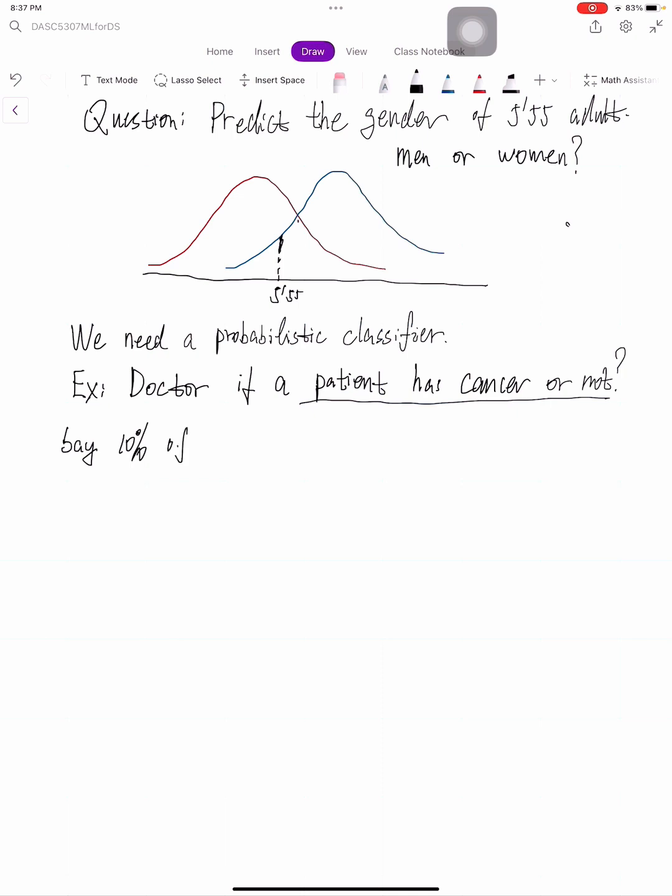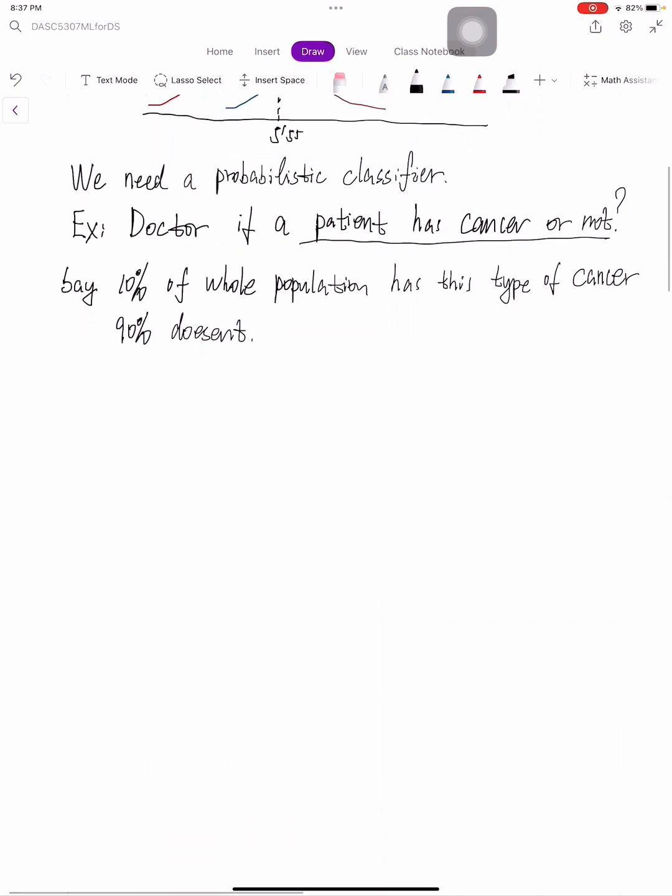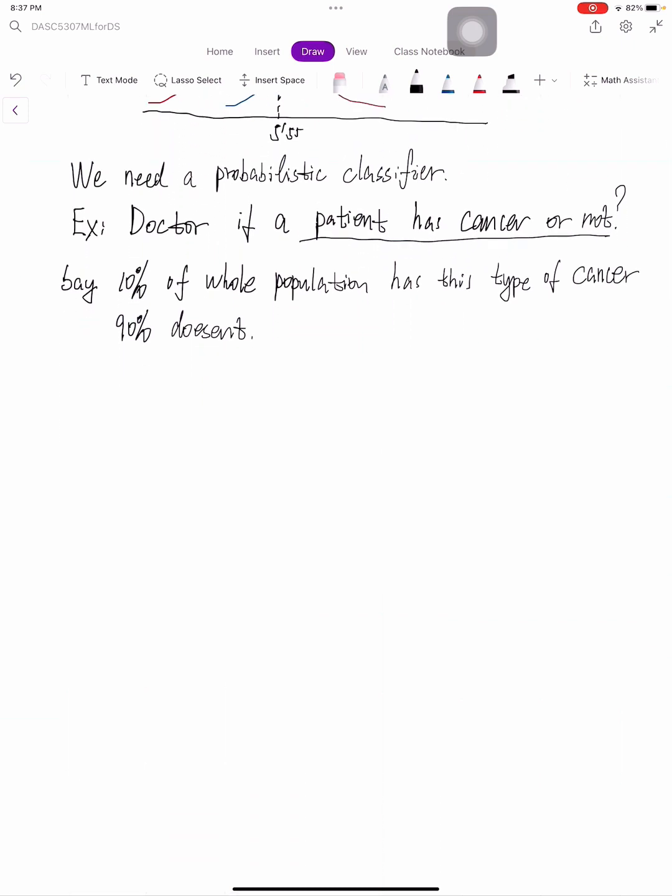Because the doctor is an expert, he has more information about this cancer. Suppose around 10% of the whole population has this type of cancer. Okay, but the rest, 90% of the population, doesn't have such a disease.